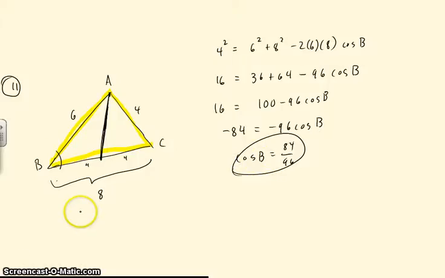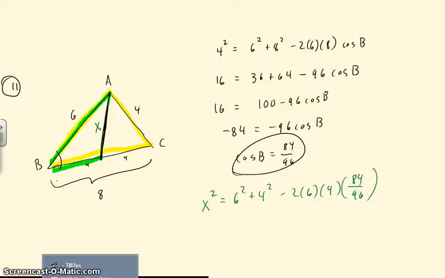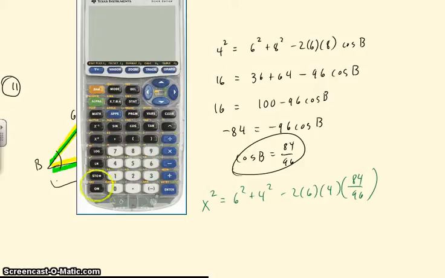Now that I have the cosine of B, I'm going to take the small triangle, and I'm looking for this length. I'll call it x. So x squared equals, well, the smaller triangle, 6 squared plus 4 squared minus 2 times 6 times 4 times the cosine of B, which is 84 over 96. So just enter that in the calculator straight up: 6 squared plus 4 squared minus 2 times 6 times 4 times 84 over 96.